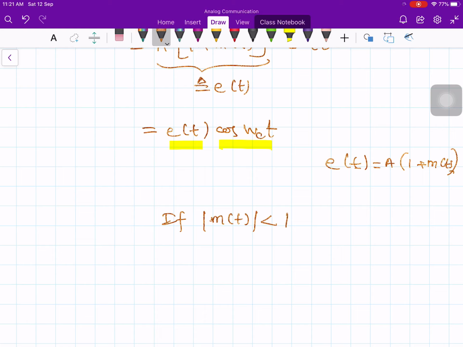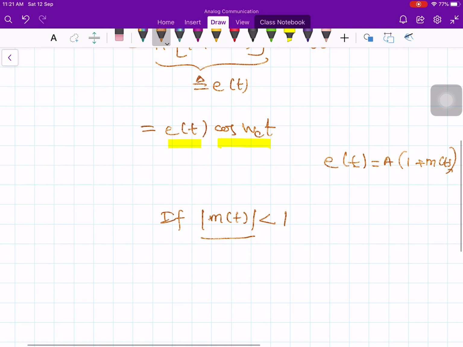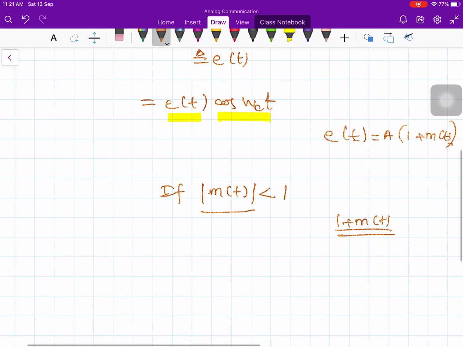For example, if I ensure the magnitude of m of t is always less than 1, then what about this 1 plus m of t? When I say m of t is less than 1, that means m of t is always lying between minus 1 and plus 1. After all, m of t is a message signal.